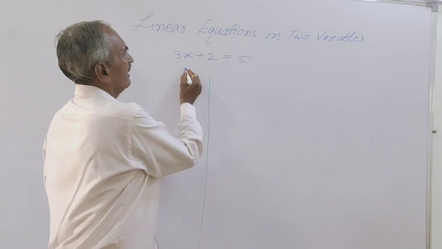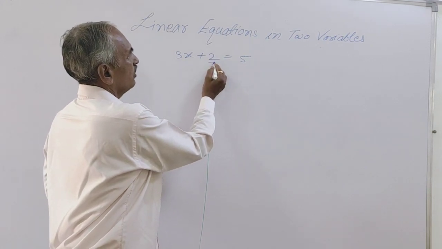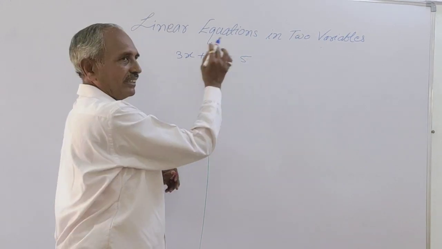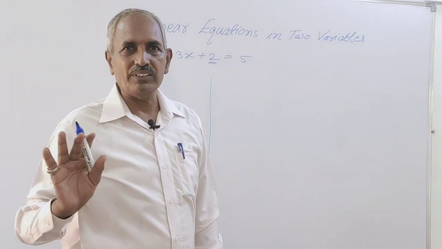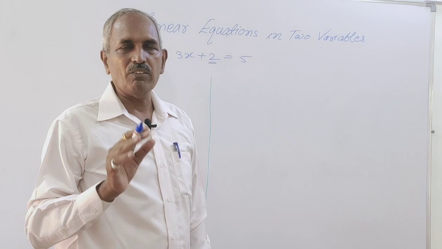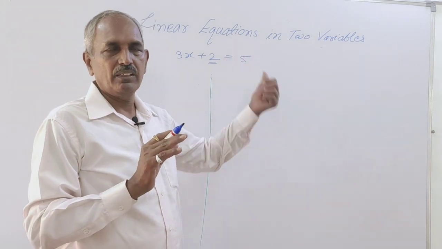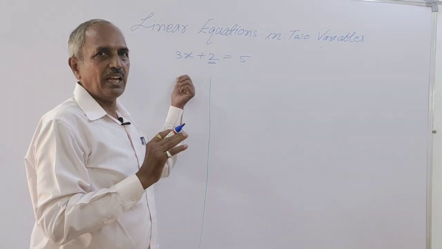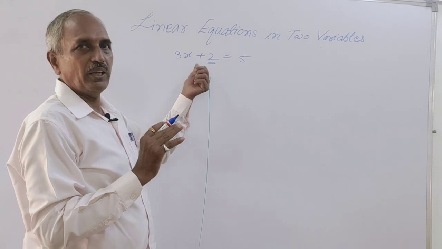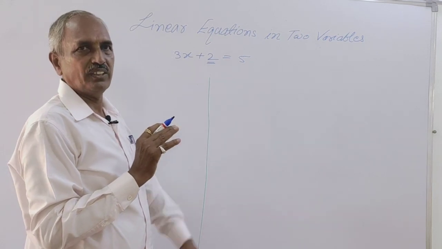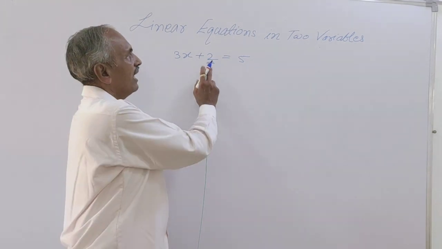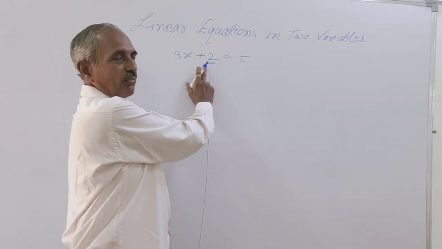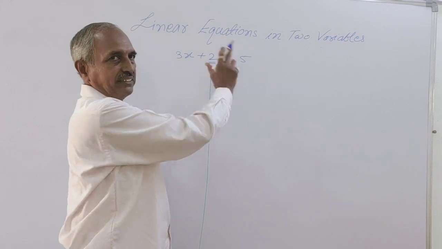Okay. This 2, I have to transfer it to the right hand side. We have to follow certain rules of solving equations. That we have to recall first, then we will go to our topic. The first rule of equation is how to transfer a term from left hand side to right hand side.